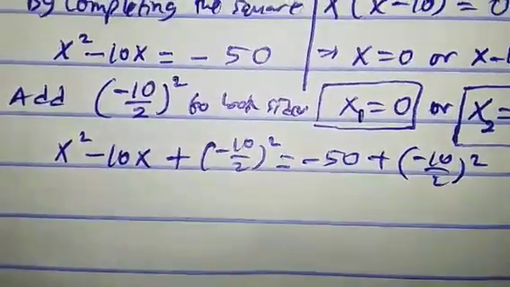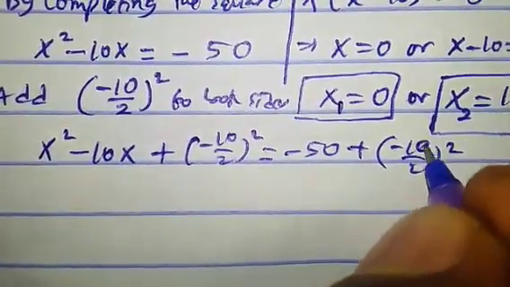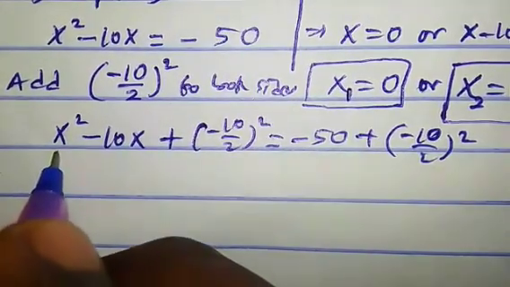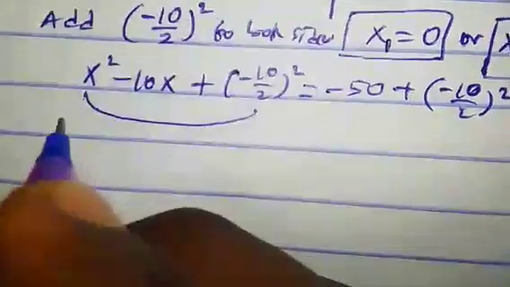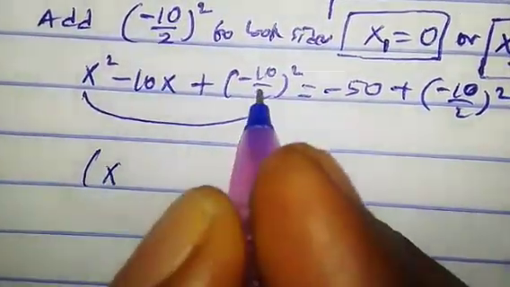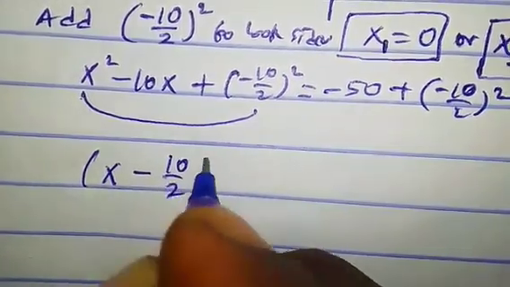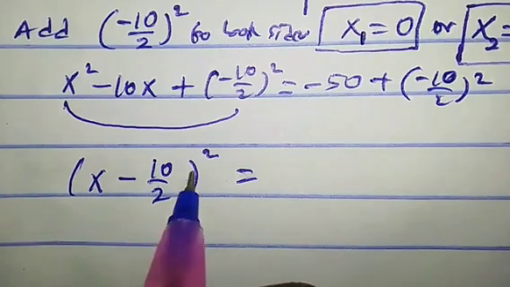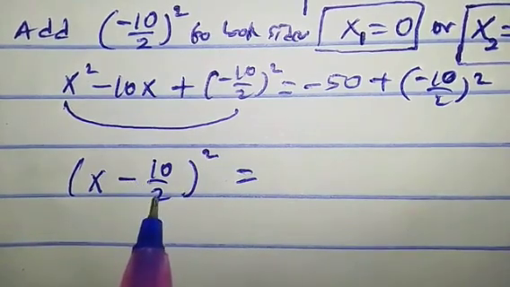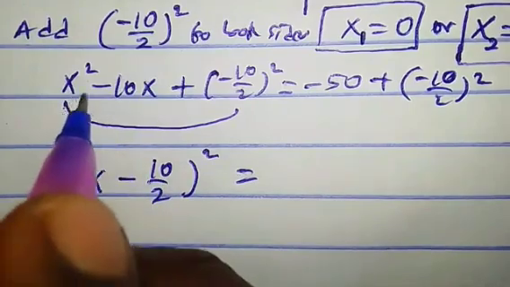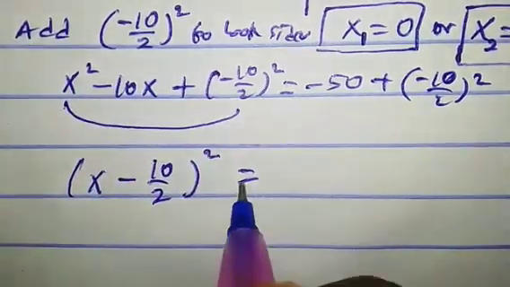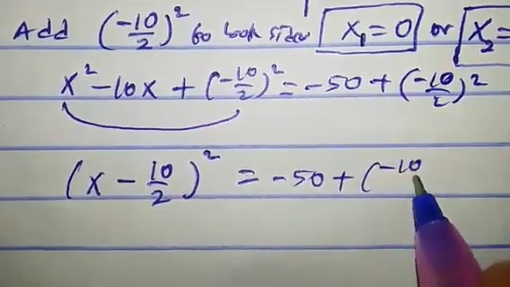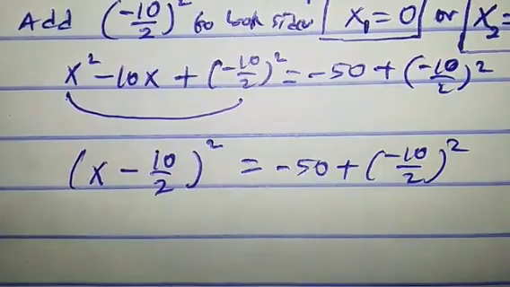Let's continue. So now it is possible we can combine this left hand side. So that will be (x − 10/2)^2 equal to... when you expand this whole guy, (x − 10/2)^2, if you expand it very well, you will have all of this left hand side back. So this equal to −50 + (−10/2)^2. Let's proceed further.